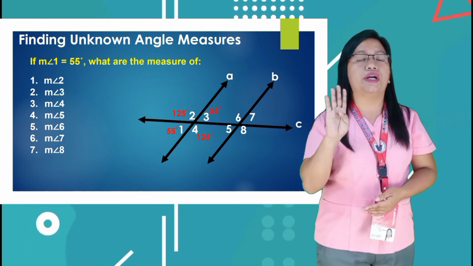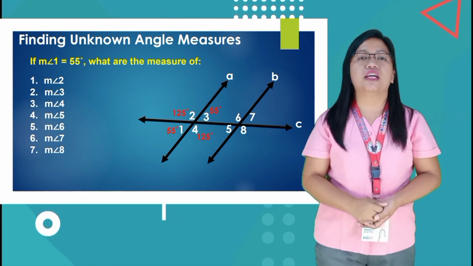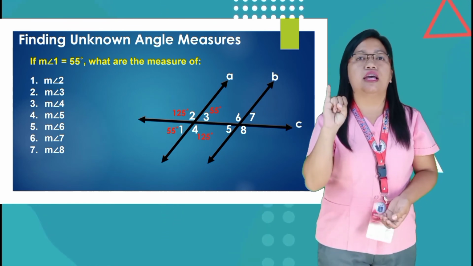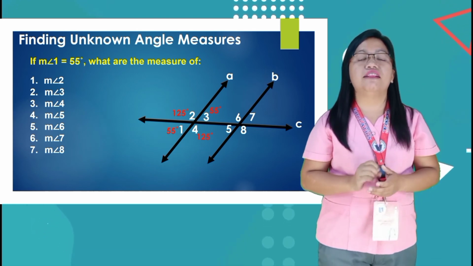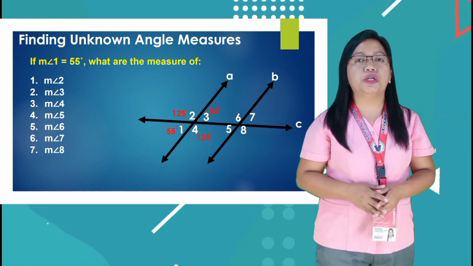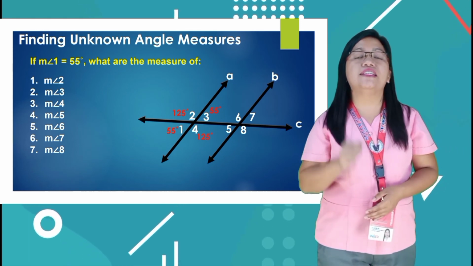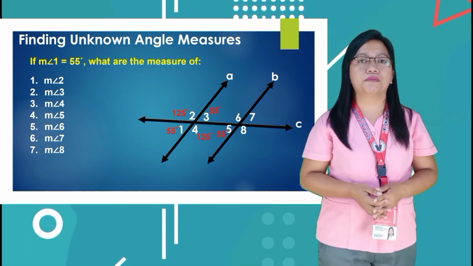For number 4, what is the measure of angle 5? If angle 1 and angle 5 are corresponding angles, then they are congruent. Therefore, the measure of angle 5 is equal to 55 degrees.